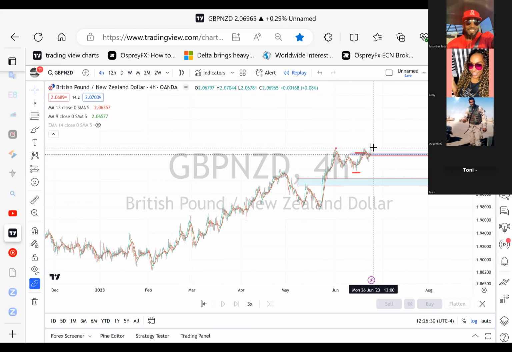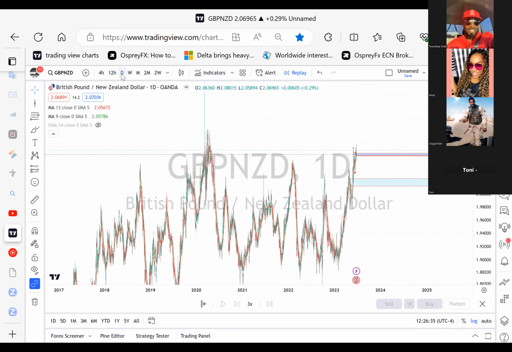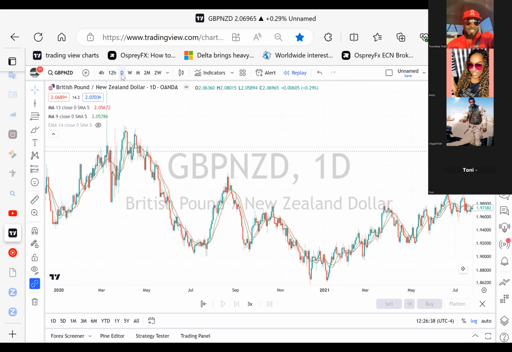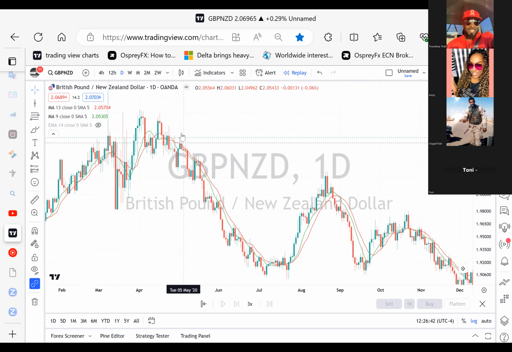All of this, wherever we go, we got to look way over here to find a target, I guess. Let me change it to the daily so I can see the daily targets. However high we go, right? We might go to this order block. We might go to the wicks, right?